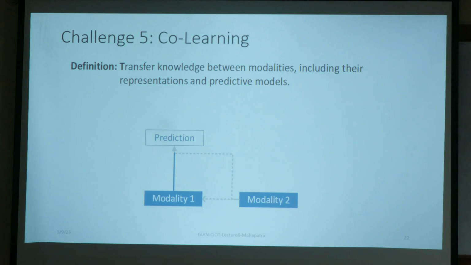Now, given that the modality essentially has hidden data, from data you always get knowledge. And you might find some common knowledge between them. It's about at what level you are trying to get that.